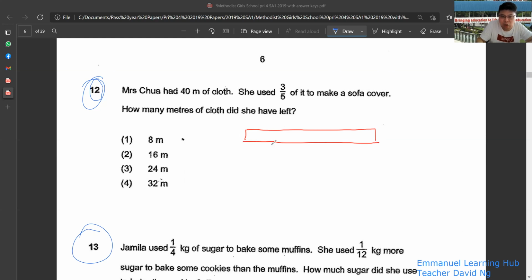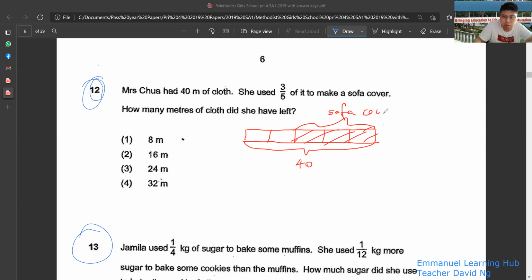Okay, so this cloth is 40 meters. Let's divide this into 5 parts, because 3/5 means there are 5 parts. She used 3/5 of it to make the sofa cover.